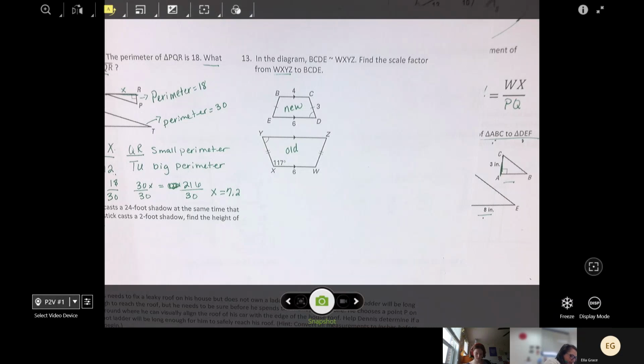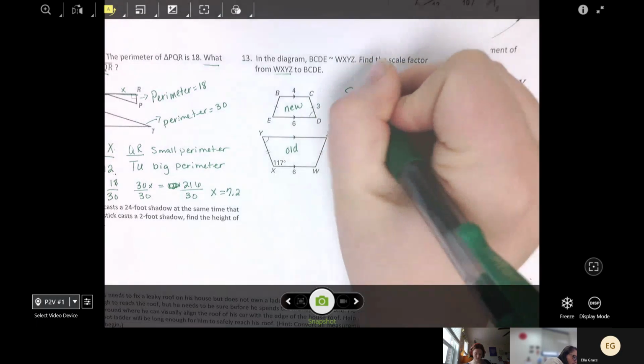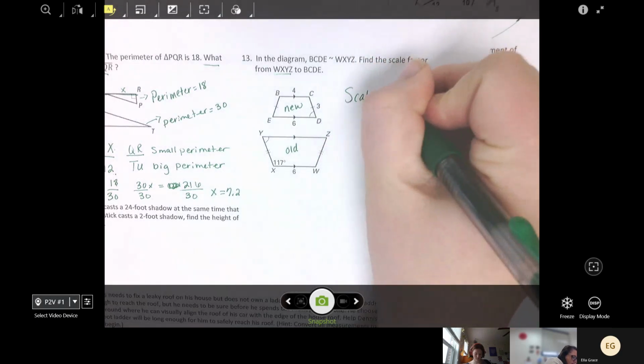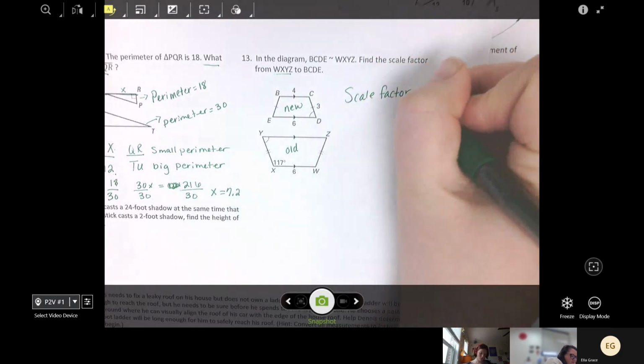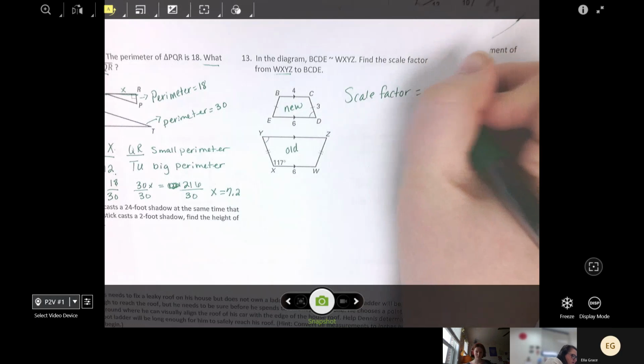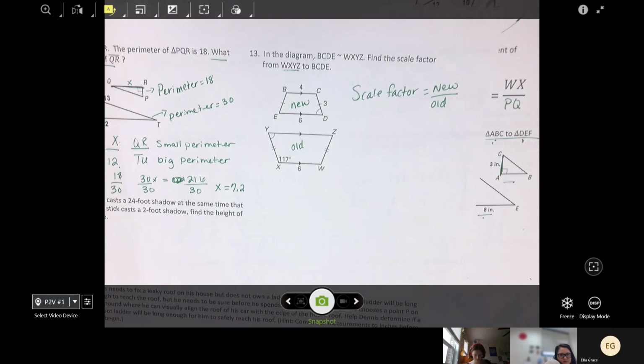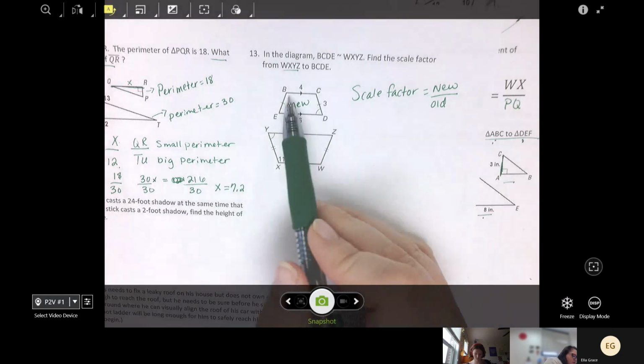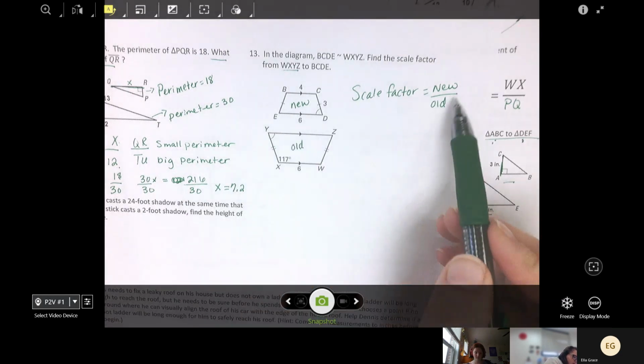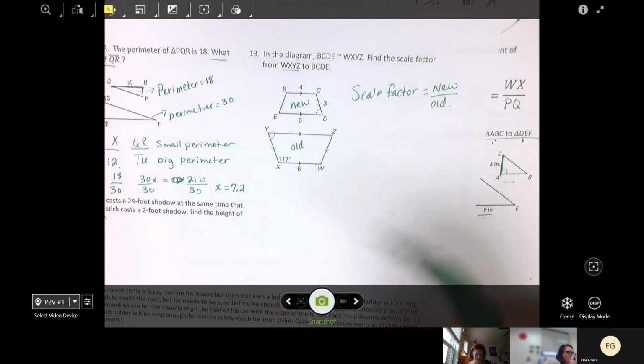Whenever you are trying to figure out the scale factor, you use this fraction: scale factor equals new over old. So I'm just going to pick a side from the new one and pick a side from the old one.